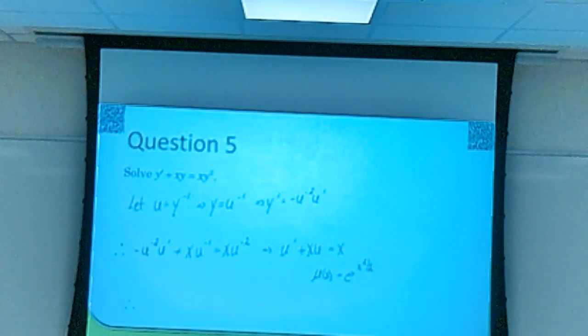You multiply through by that, right? And if you remember, that will always lead to the derivative of your integrating factor, in this case times u, is equal to the right-hand side times your integrating factor.